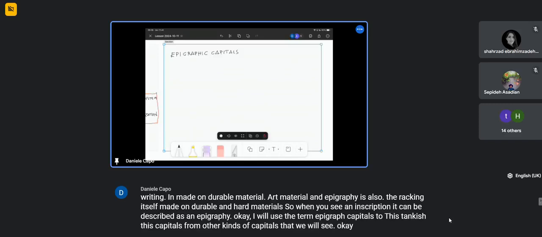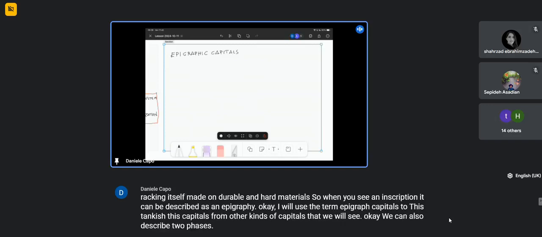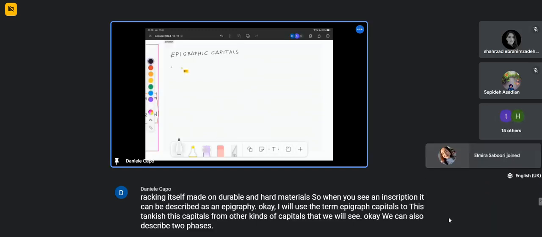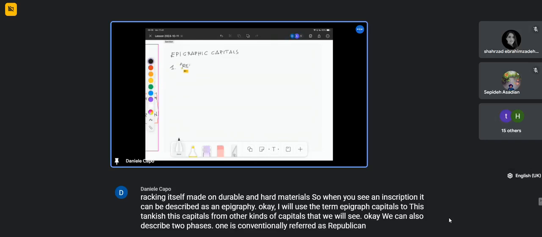We can also describe two phases. One is conventionally referred to as Republican capitals.